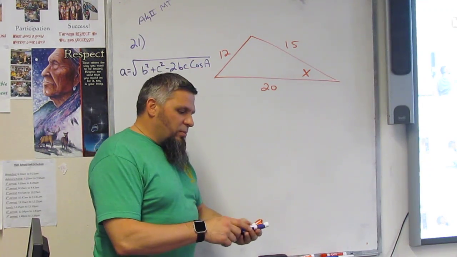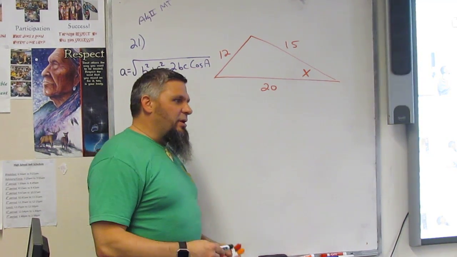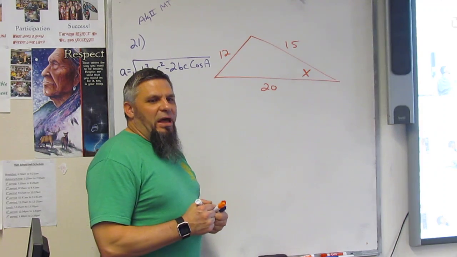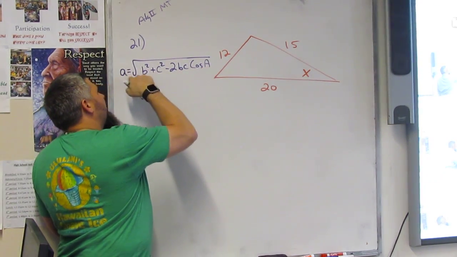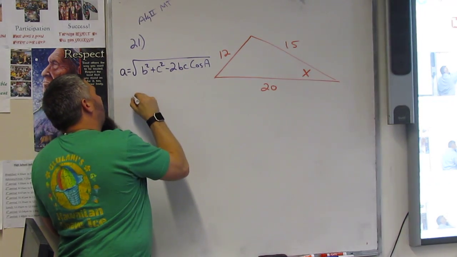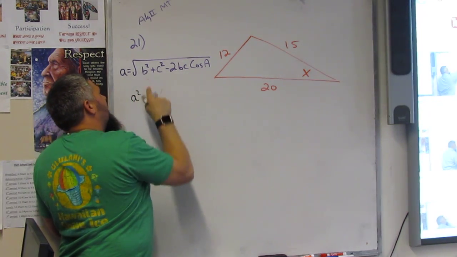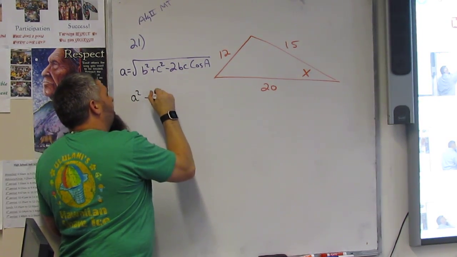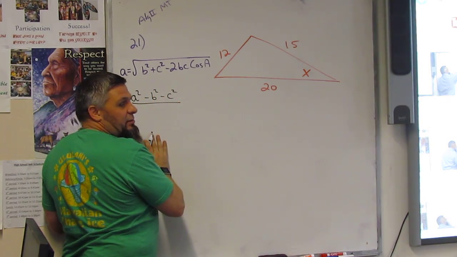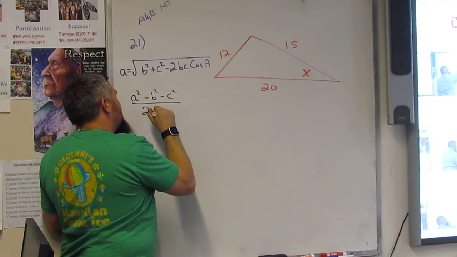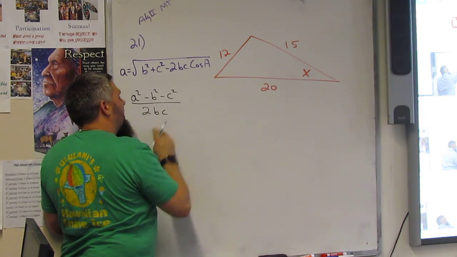So remember, we derived the formula for that, right? We said, hey, we're going to solve for A. So we squared both sides, and we got a squared, right? And then we subtracted b squared, and then we subtracted c squared, right? And then we divided that by negative 2bc, right?